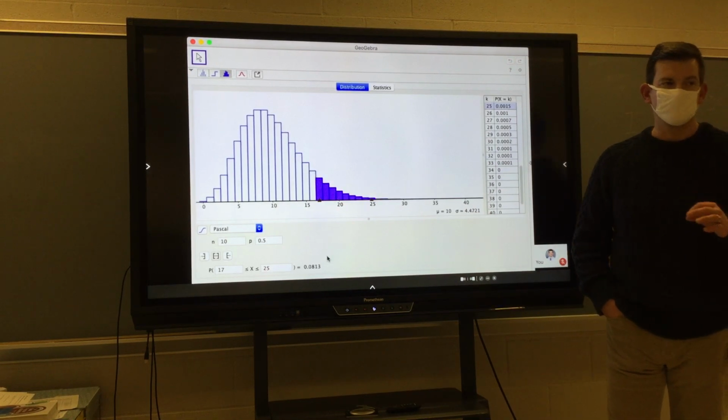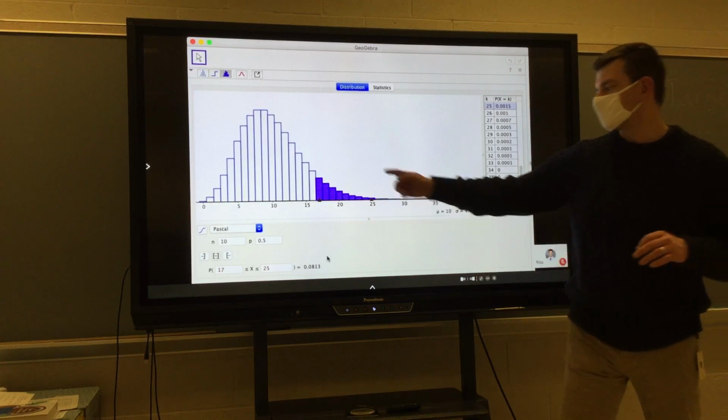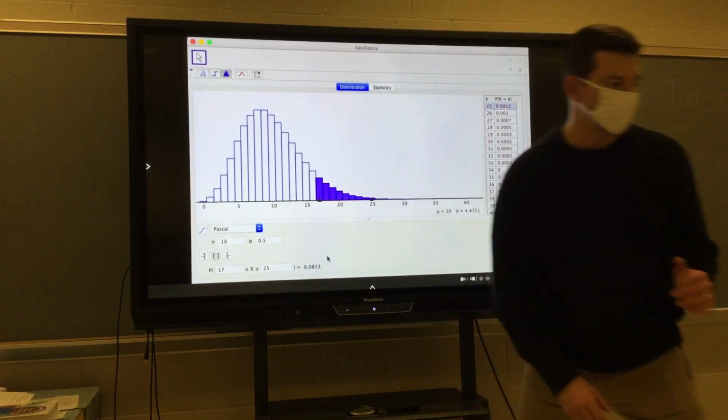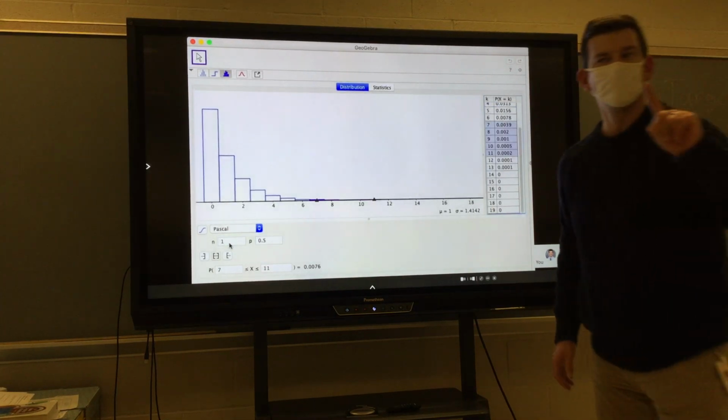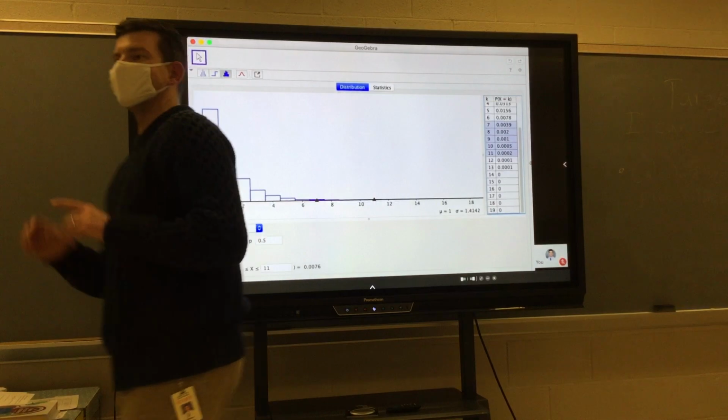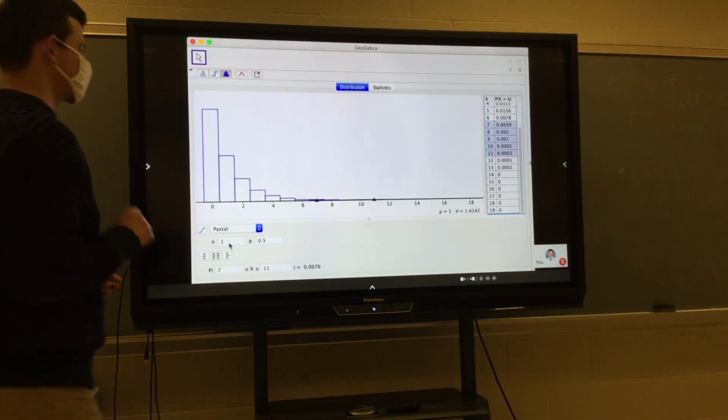So to make this work for geometric for us, we can select Pascal, but we need to have that n value as 1. We only want one success. We are interested in when that first success occurs.